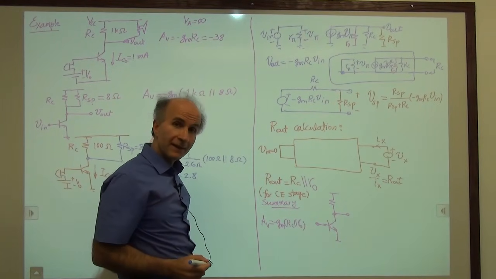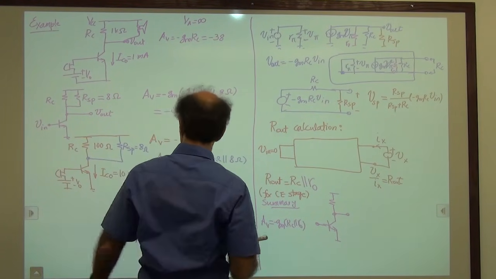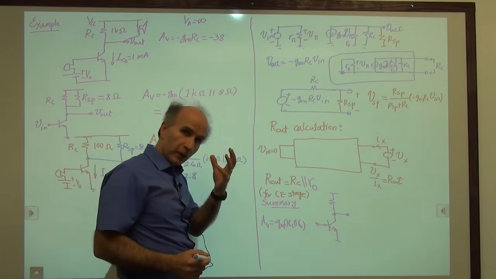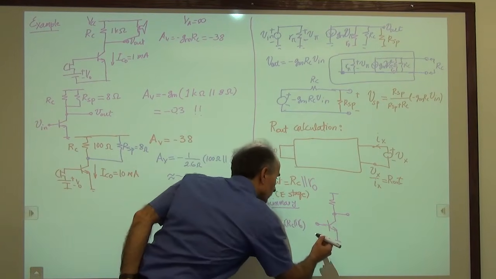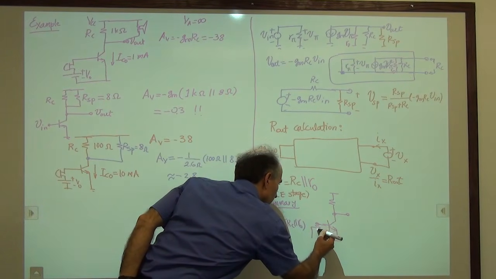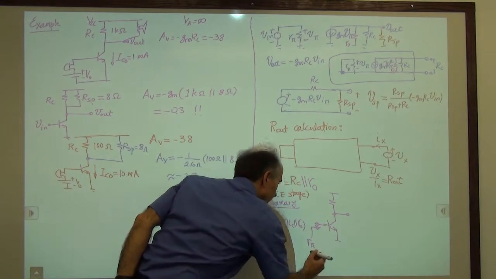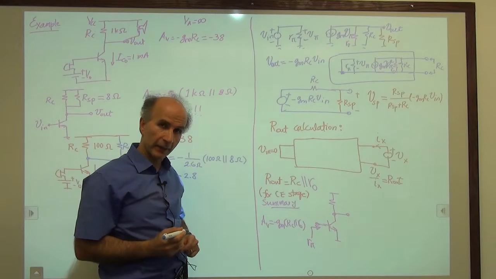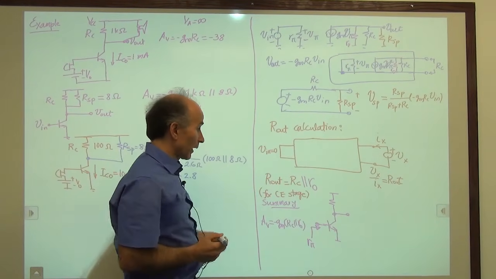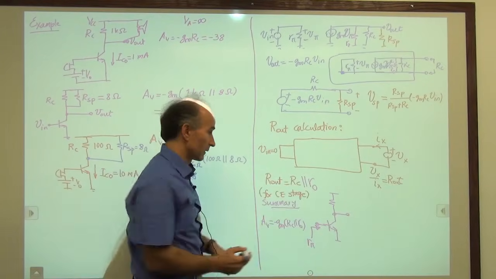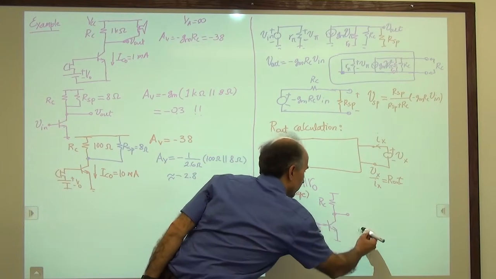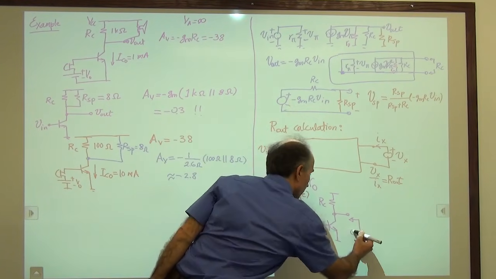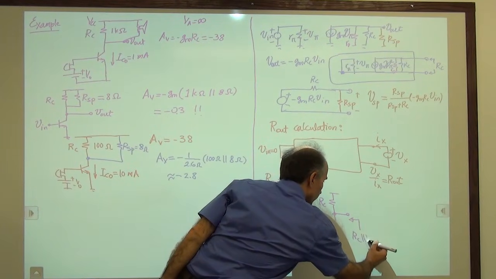Then we say the input resistance is R pi, as we calculated on the previous page. And to have a visual picture for that effect, we will draw an arrow and say R pi. This means the input resistance is R pi. Then the output resistance is in general like this. So we draw another arrow here pointing into the output node, and we say RC in parallel with RO.